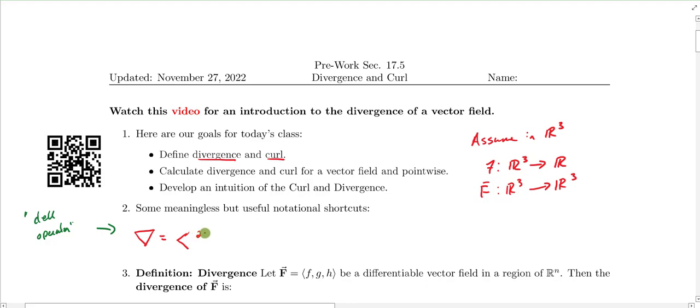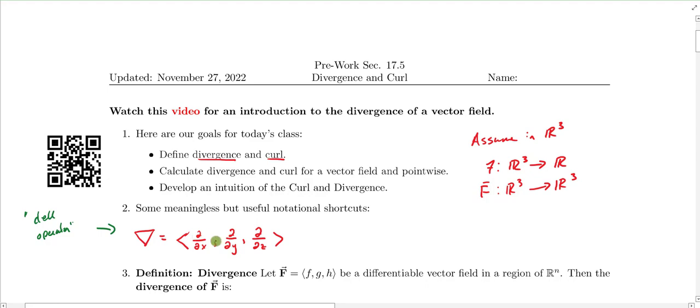We're going to think about the del operator as being the vector whose entries are these partial derivative operators sitting inside of here. So we've got the partial derivative with respect to the first component in the first position, the partial derivative with respect to the second component in the second position, and likewise. If we had higher dimensions, we would write it that way.